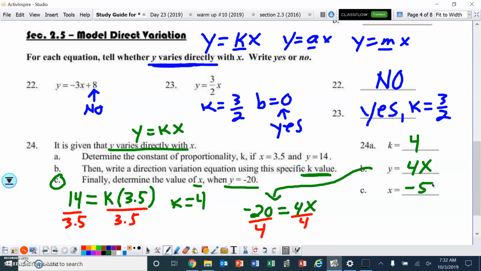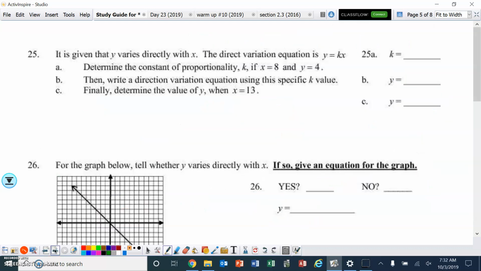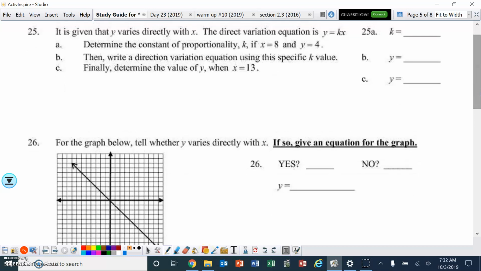All right, let's go do another one. Let's go to 25. It is given that y varies directly with x. The direct variation equation is y equals kx. Determine the constant of proportionality k if x is 8 and y is 4.